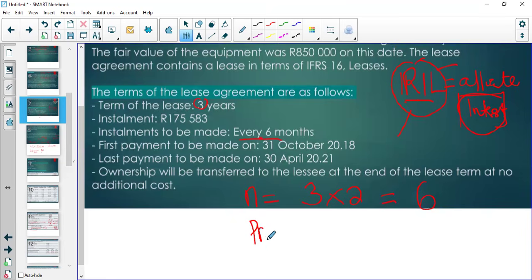Then the payment is 175,583. So the first payment to be made 31 October. So this is in arrears. All right. Then the last payment on 30 April 2021.